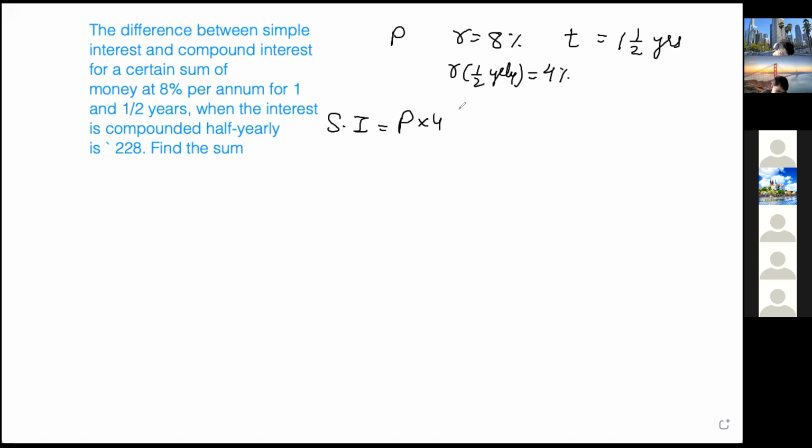P into 4 into, this is half yearly, so what is it? 3/2, na? How much is it? 3 by 200.